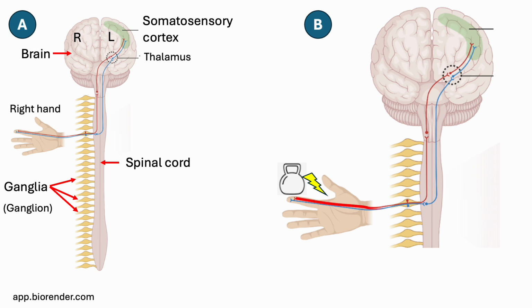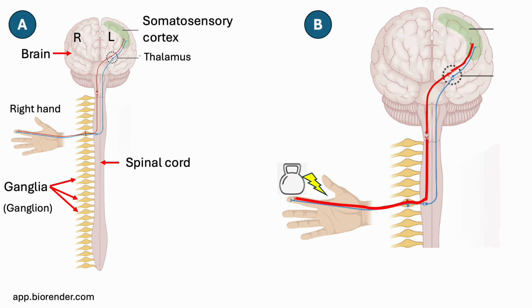These signals are taken along nerves, indicated by the red line, which travel along the hand, along the arm, and then to the spinal cord, and up the spinal cord to the level of the brainstem. This makes a connection with another set of neurons, which takes it higher up, and then eventually to the cortex of the brain. And in this case, because we're talking about touch, it's the somatosensory cortex.